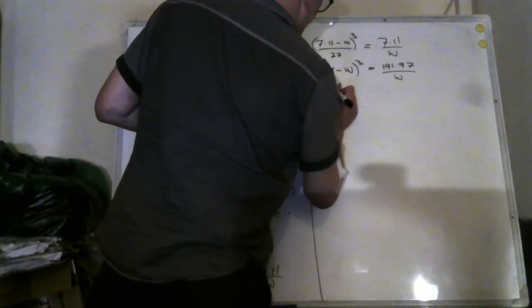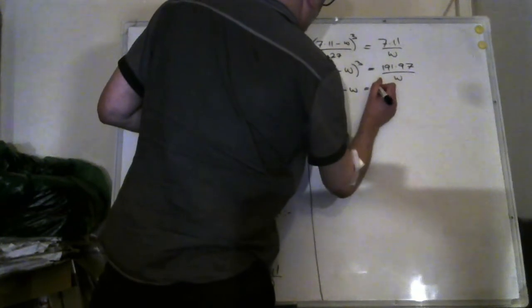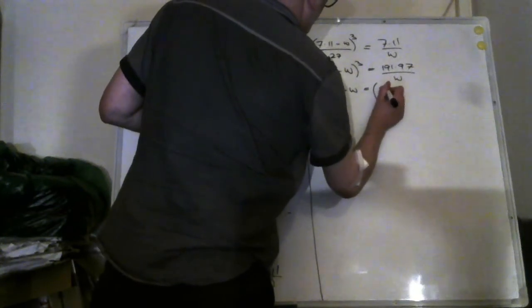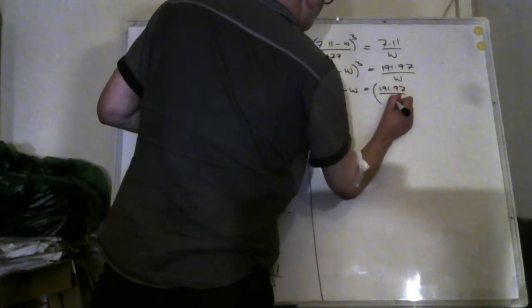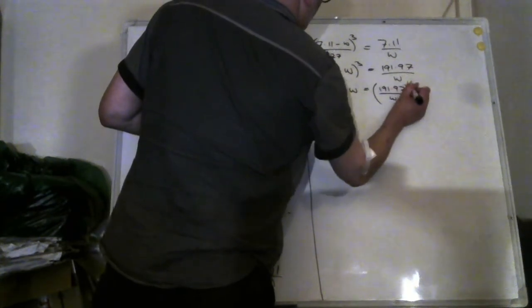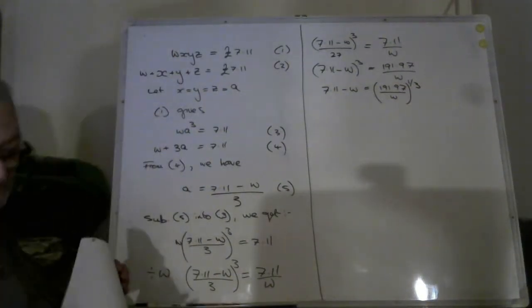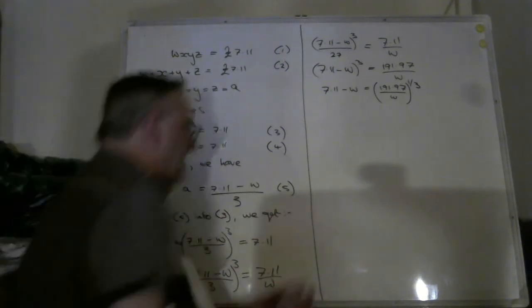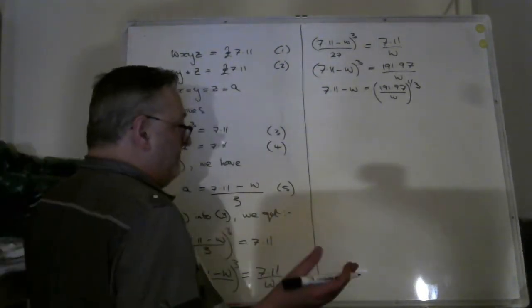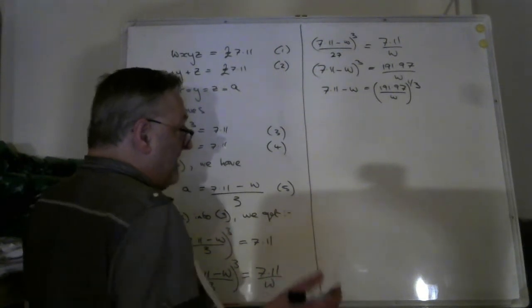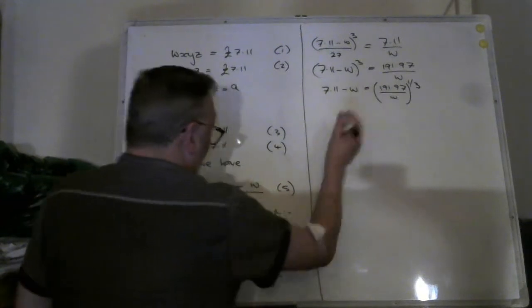So we've got 7.11 minus W is equal to (191.97 over W) to the power a third. Right? We can simplify that a little bit, well, certainly for the purposes of putting everything into our calculators. Or you could just leave it like that, really.